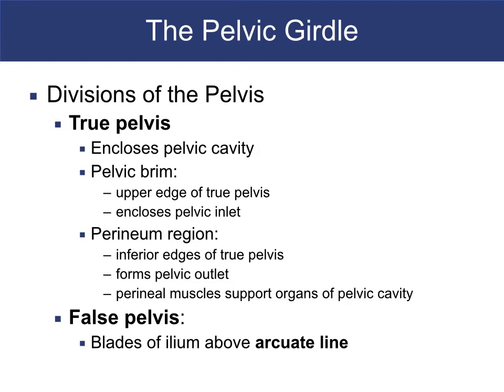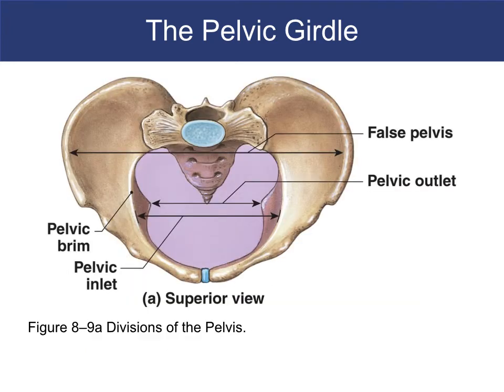Let's talk about the divisions of the pelvis, and this is where it would be nice if I'd brought a complete pelvis, but I didn't. The pelvic brim is where the top edge of the true pelvis comes, and then there's the bottom part. Let's look at this picture right here. This is the false pelvis.